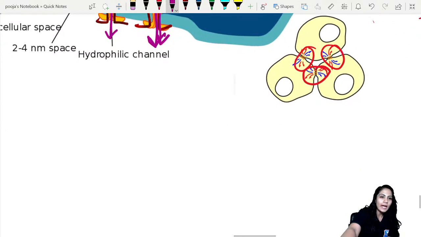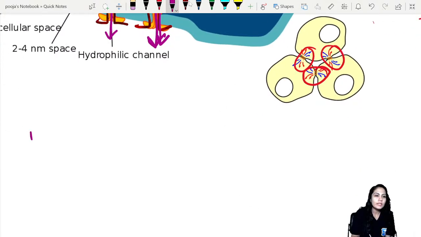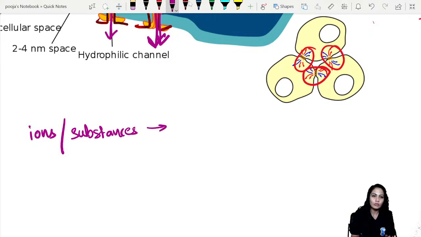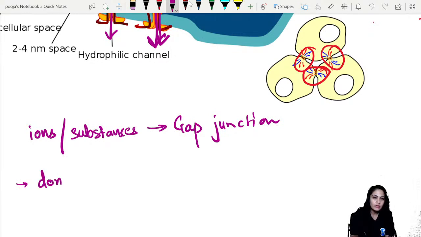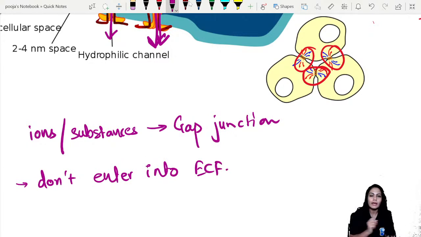That means whatever ions, molecules or substances go through the gap junction do not enter the ECF, the extracellular fluid.